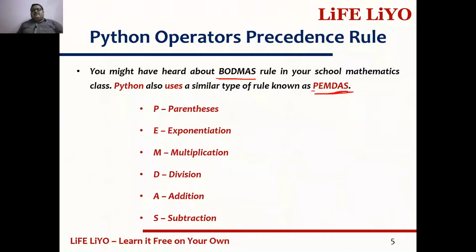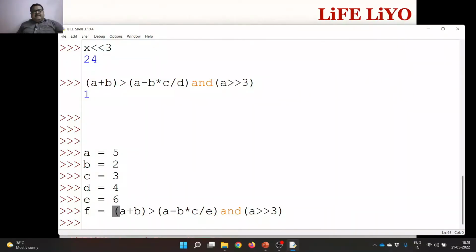That is, first it will look for the parenthesis. Yes, there is one parenthesis here, another parenthesis here, then this is another parenthesis. So F equal to, it is evaluating the parenthesis first, A plus B. What is A value? 5, B value is 2.